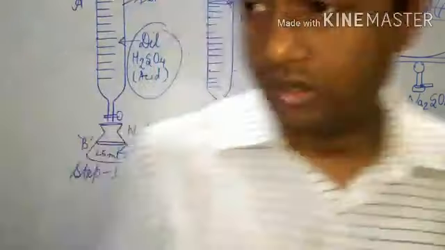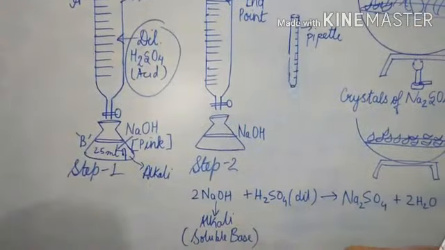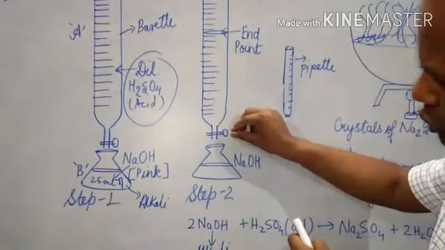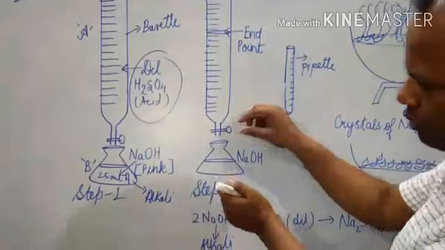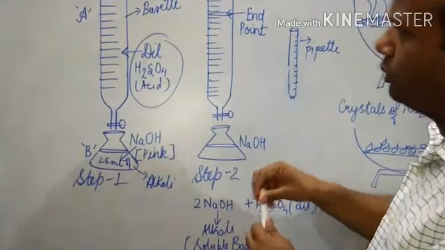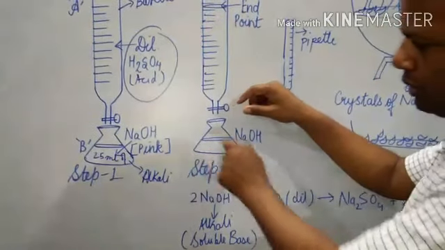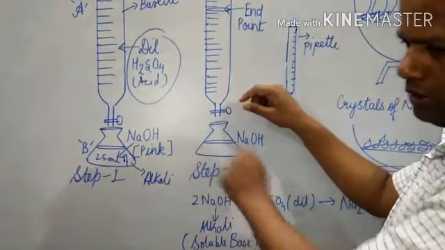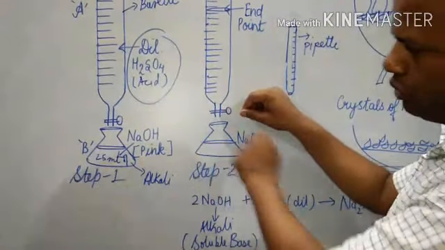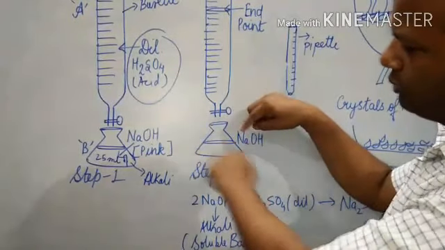Now we go to step 2. Slowly, drop by drop, we allow this acid to pour into the flask, and the flask is to be repeatedly shaken, so that the whole of the acid gets mixed immediately.